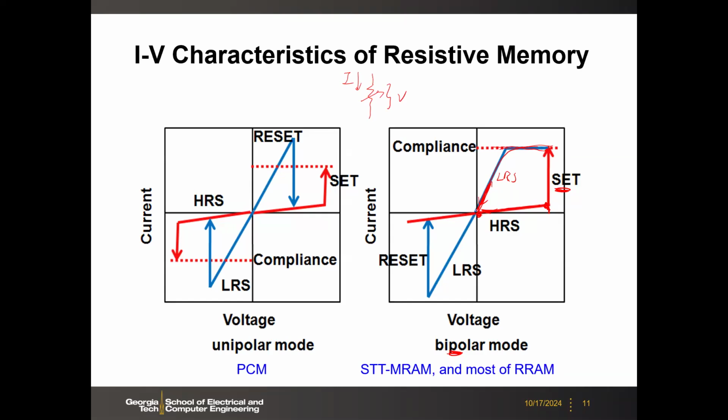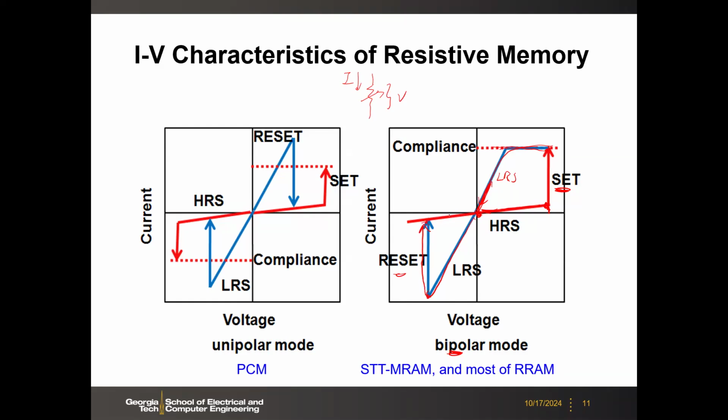So then bipolar means if you want to switch back, okay, you have to reverse the voltage to the negative side. So you will go along this one, and then if you sweep the negative voltage, okay, at some point the reset will happen. And then the resistance will change from low to high again.